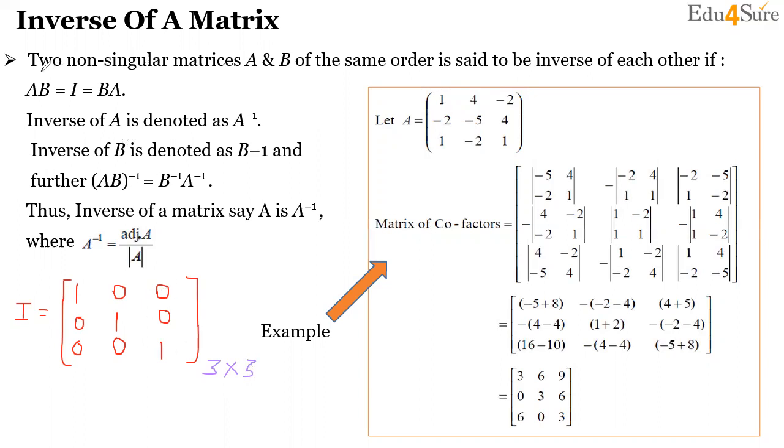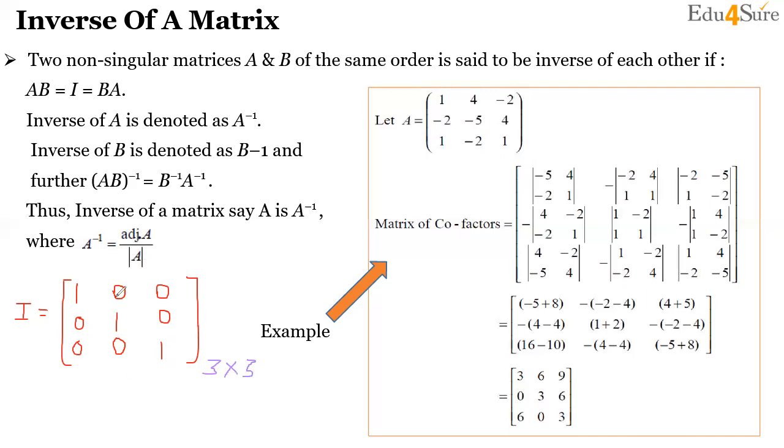So here you have to make the LHS, that is the left hand side, equal to the right hand side. It means that the resultant matrix that you get when you multiply matrices A and B should be equal to this I. Here I'm taking an example and assuming that A and B are of order 3 cross 3.